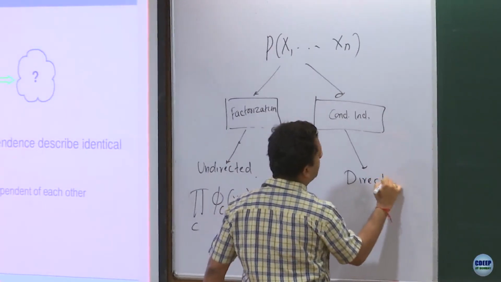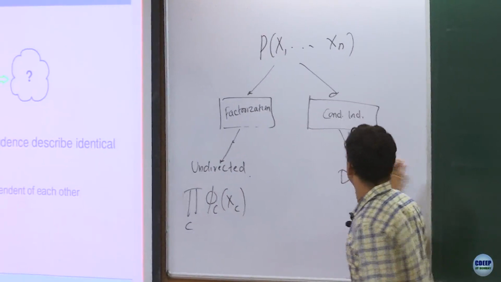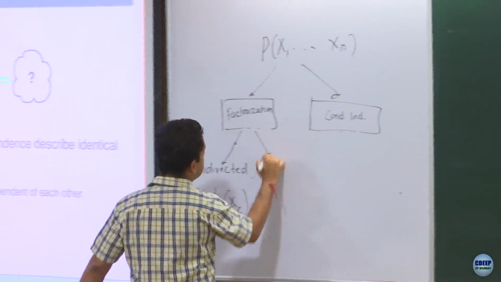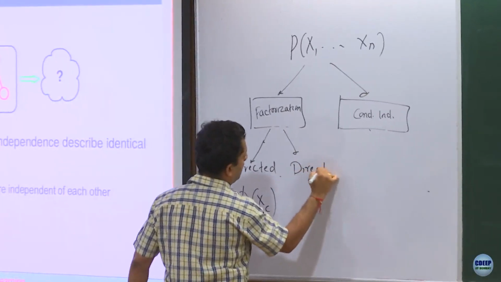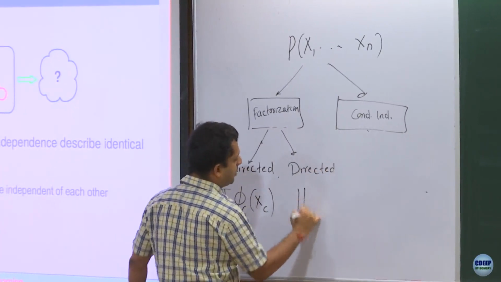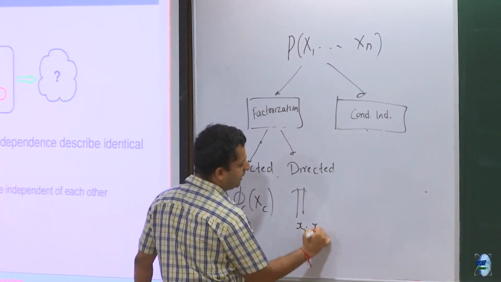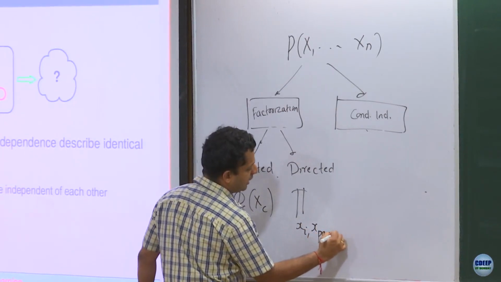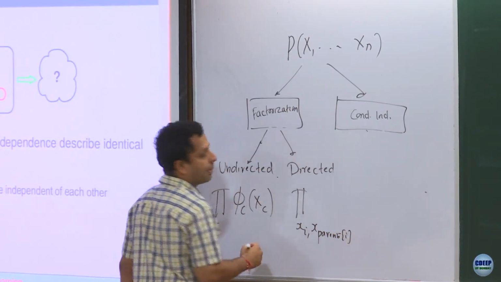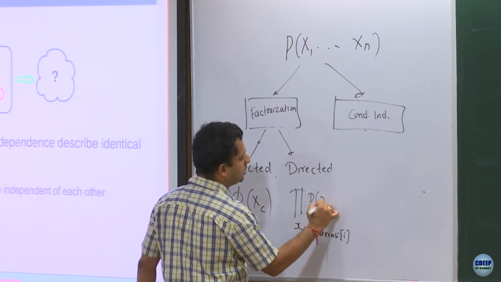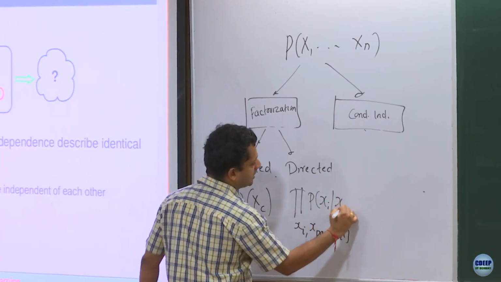Whereas the directed counterpart filters as a product over all random variables xi, of the probability of xi given its parents.